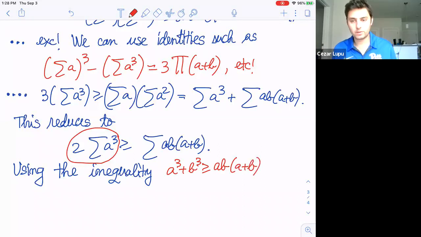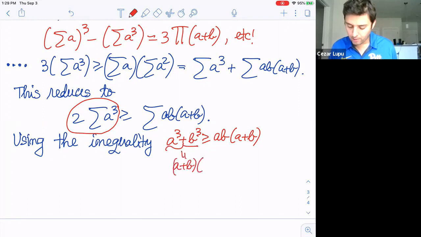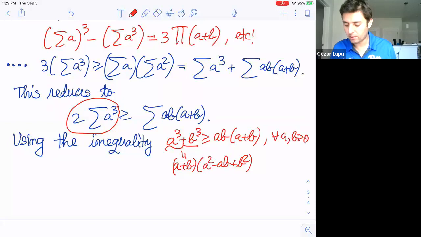This was given in the lecture. The way we prove this is: a cubed plus b cubed is (a plus b) times (a squared minus ab plus b squared), and everything reduces to just a squared. This is for all a, b greater than 0, but anyway, it holds even for nonnegative.